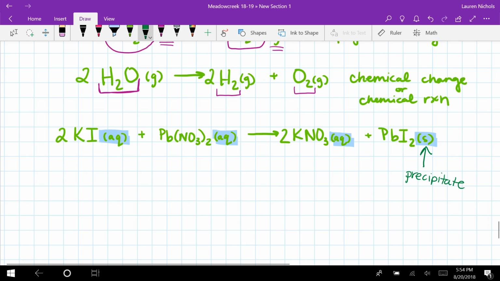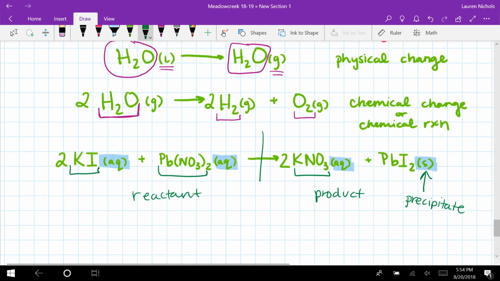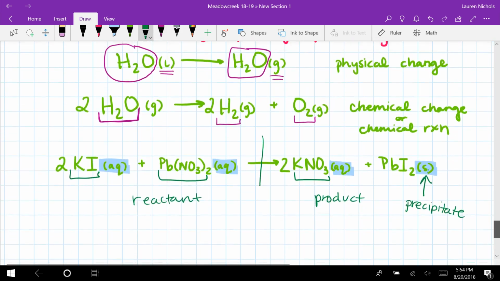We also know that a chemical reaction occurred because the identities of these have changed from the reactant side to the product side. So not only can we look at these reactions based on their identity, but we can also look at it based on those indicators, the things that we might see.